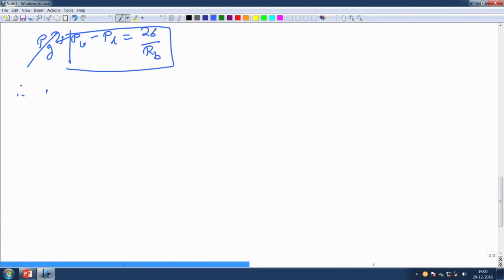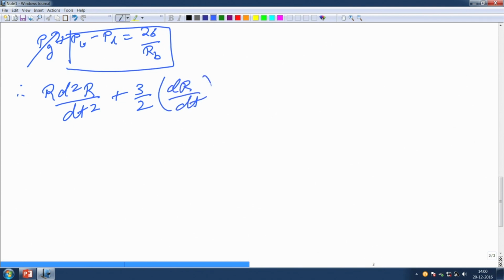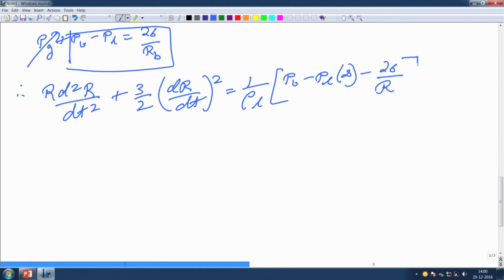Therefore, this becomes R d square R by dt square, and so on.